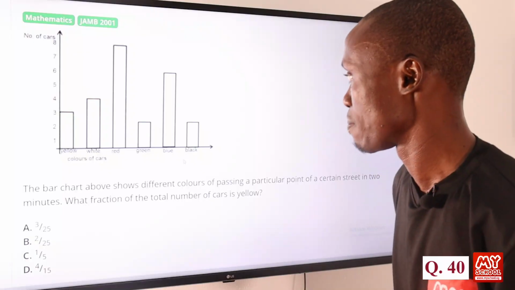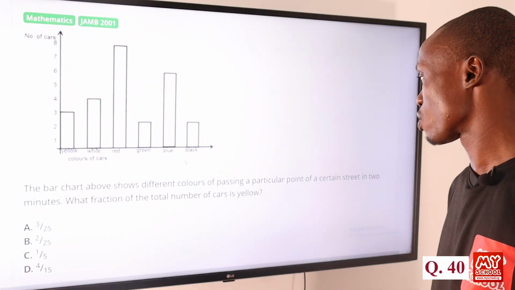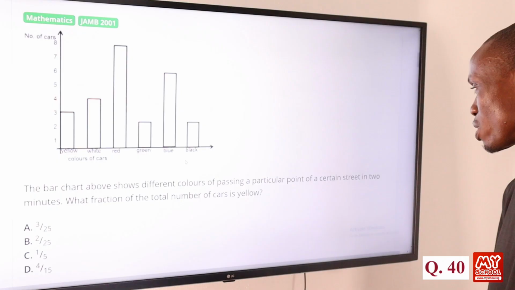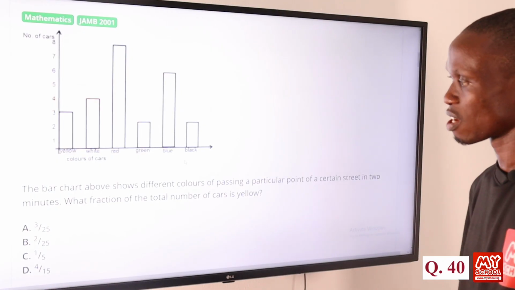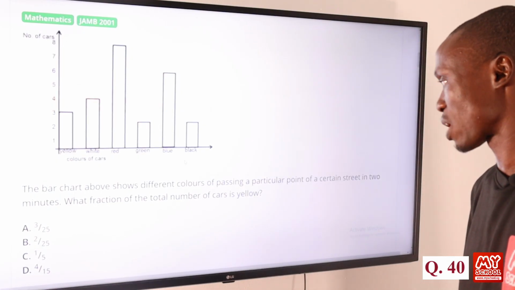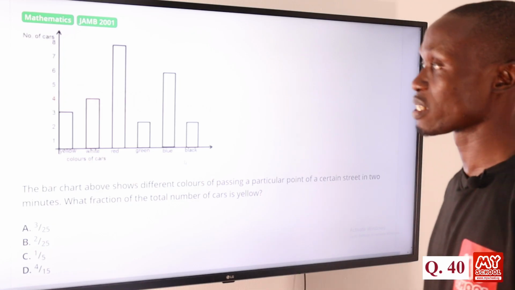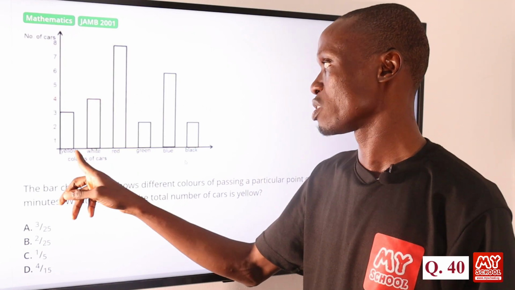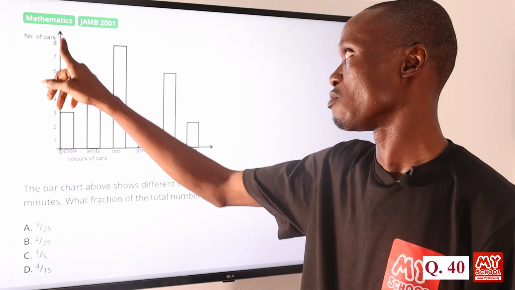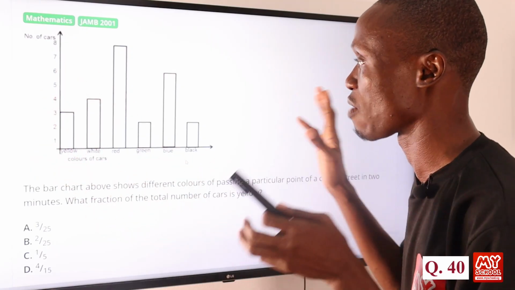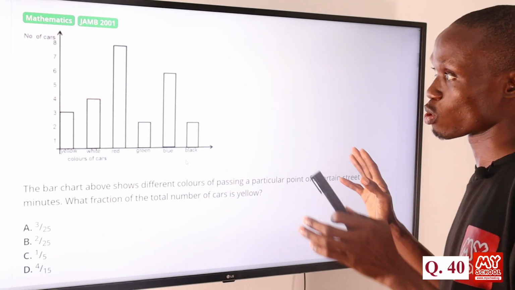Question 40. The bar chart above shows different colors of cars passing a particular point of a certain street in 2 minutes. What fraction of the total number of cars is yellow? First of all, let's get the number of yellow. We just trace the yellow bar to the vertical line, and that is 3. So we have 3 yellow cars. Now let's get the total number of cars.